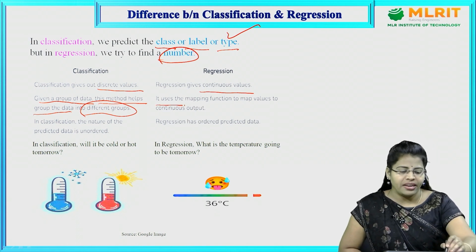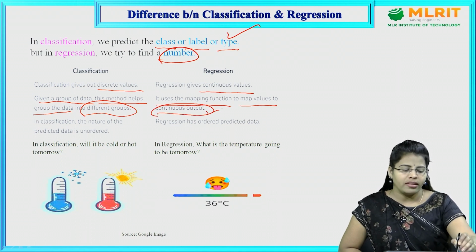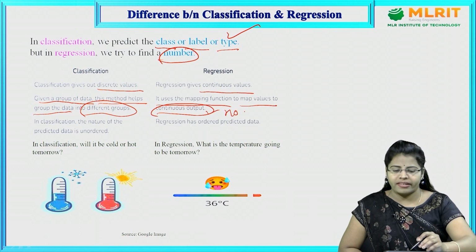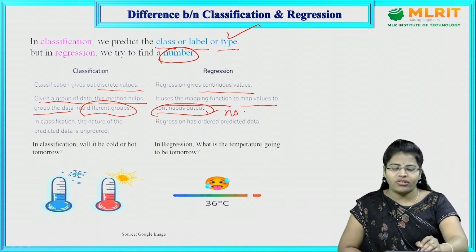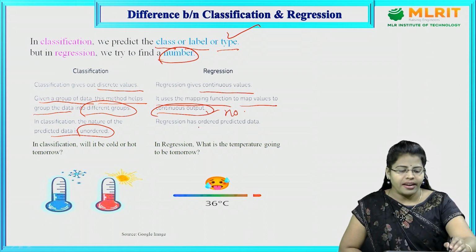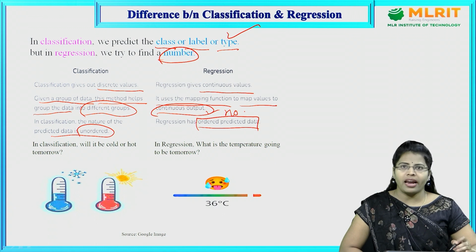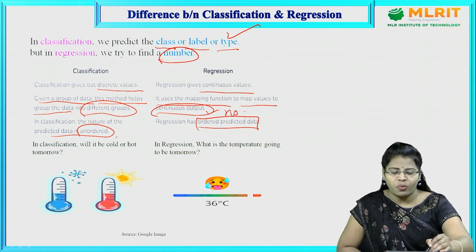Next, regression. It uses the mapping function to map values to the continuous output, that is a number. Next, in classification, the nature of the predicted data is unordered. In regression, it is going to have ordered predicted data. That is the difference between classification and regression. I will explain with one example.